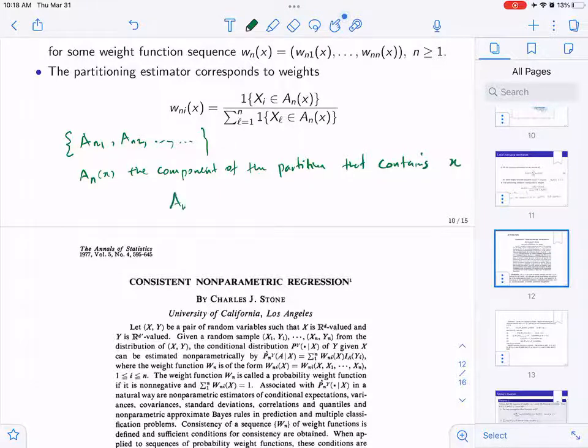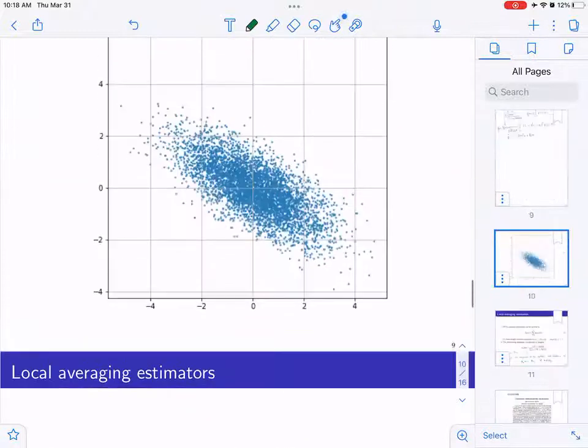So for example, A_n(x) would be A_nj if x belongs to A_nj. You can mentally remove the n here, it's just bothersome. For this x, A(x) would be this, and for this x, it would be this. It's just a set function: you specify x and it outputs a set.